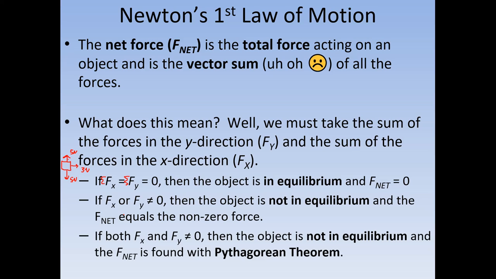If neither of them are equal to zero, so the sum of the forces in the x and the sum of the forces in the y end up with some number, then once again it's not in equilibrium, and we're going to have to use Pythagorean theorem to figure out what that net force is. So we'll figure out that there's a certain amount of force going to the right, a certain amount of force going vertically, and use Pythagorean theorem to figure out the resultant force, the total net force.